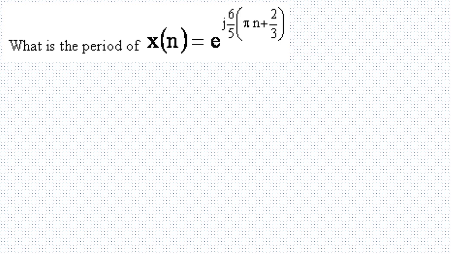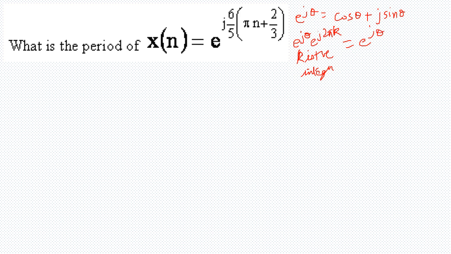Before proceeding to this problem, we can have some mathematical clarity regarding this exponential. We know that e^(jθ) is given as cos θ + j sin θ. If to this e^(jθ) I add e^(j2πk), where k is a positive integer, then again what I get is e^(jθ), because e^(j2πk) is 1.